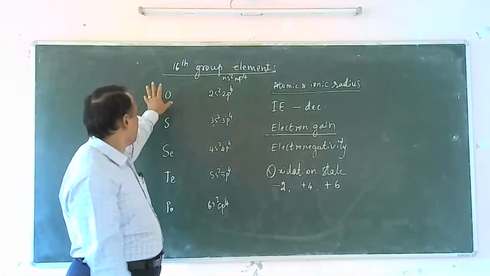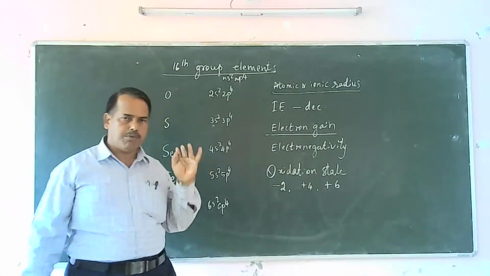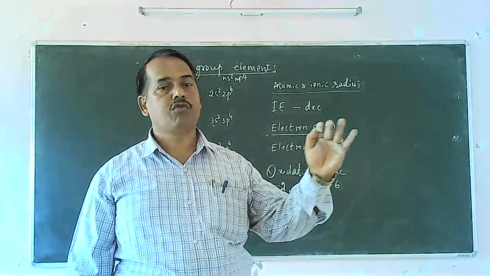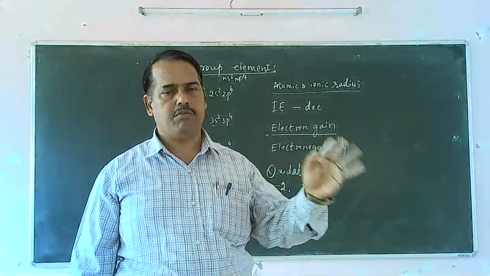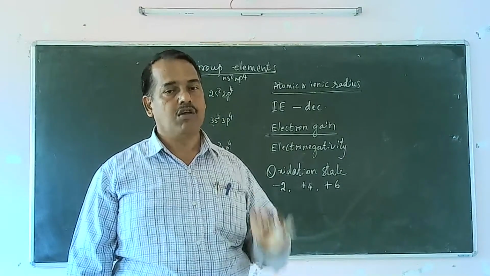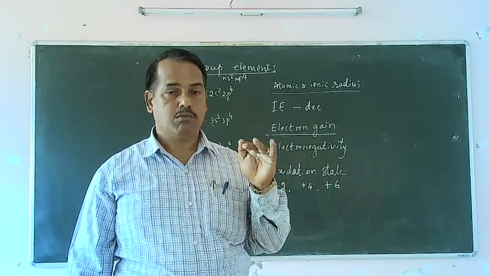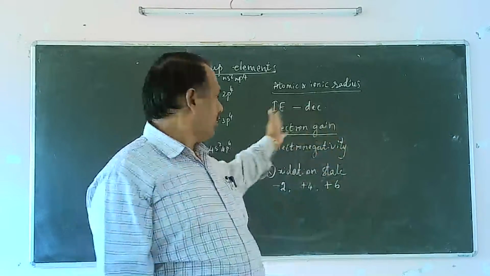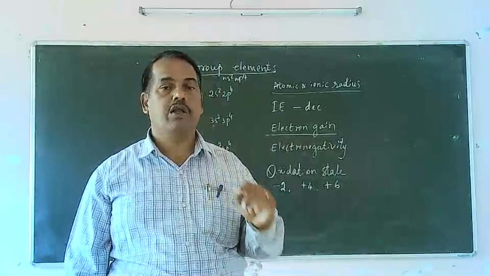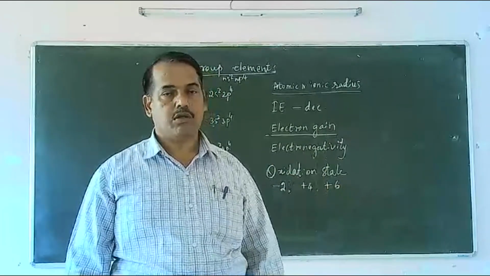For oxygen, in many compounds it shows the -2 oxidation state. Majorly it shows -2 oxidation. Why? Because it has high electron gain enthalpy and high electronegativity, and its electronegativity is next to fluorine.